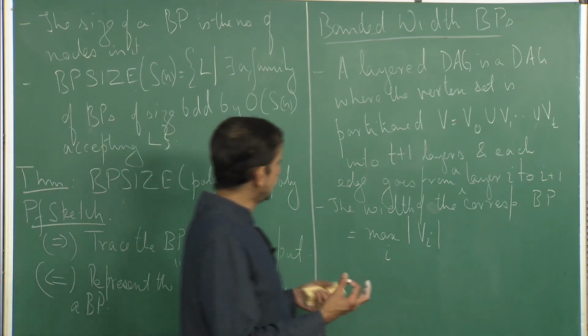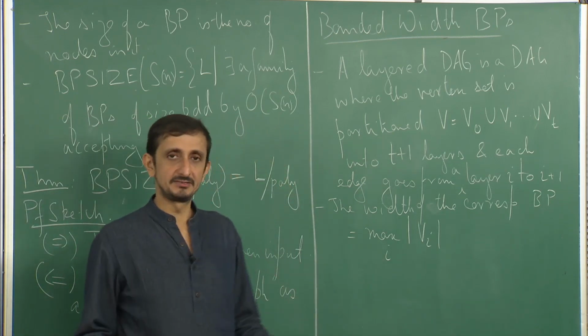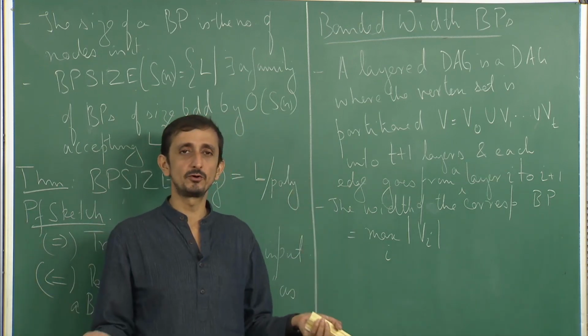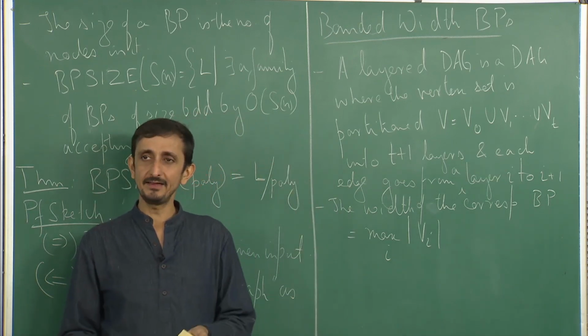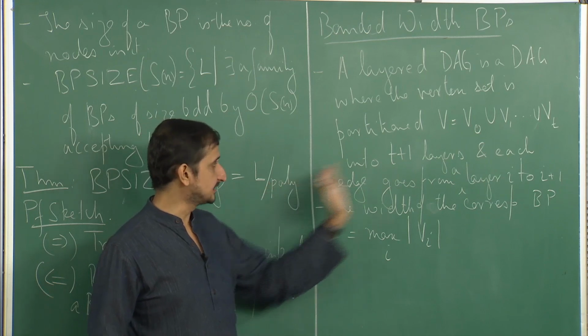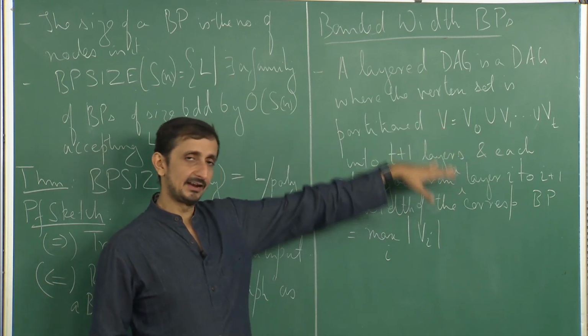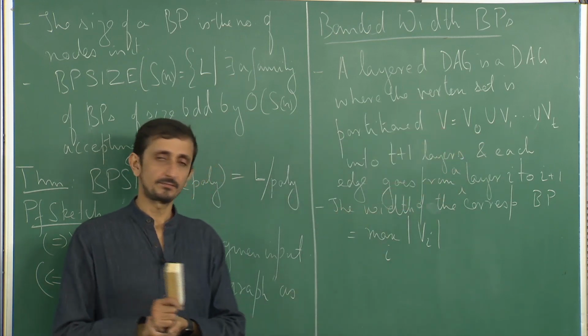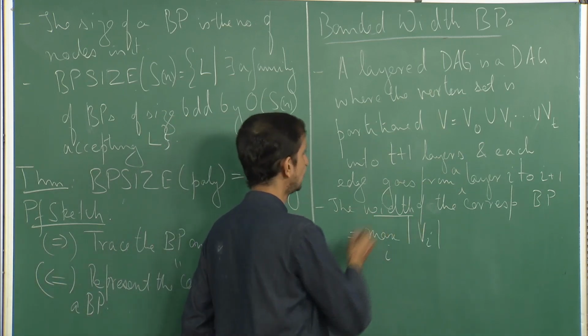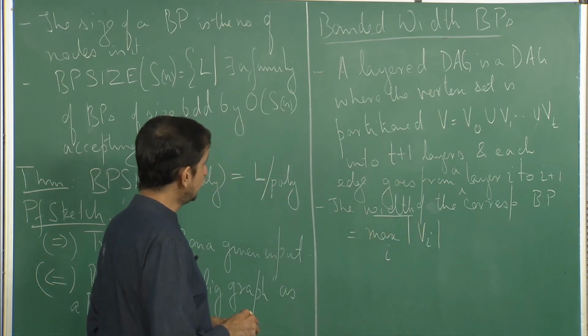So now we have a concept of a width of a branching program. If the branching program corresponds to a layered DAG, and I look at the maximum size of a layer in that layered DAG, that is the definition of the width of a branching program.